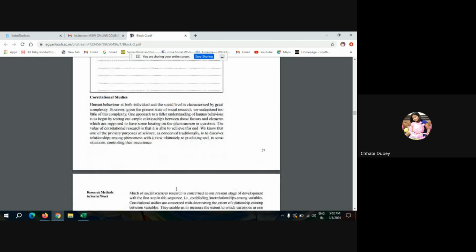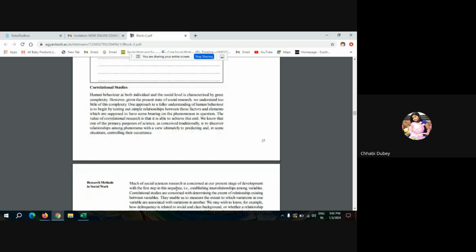Okay, so the value of correlational research is that it is able to achieve this relationship between the factors and elements. Now, we know that one of the primary purposes of science is to discover the relationship among phenomena with a view to ultimately predict them, and in some situations also to control their occurrence. Now, this definitely can happen when we are talking about physical phenomena.